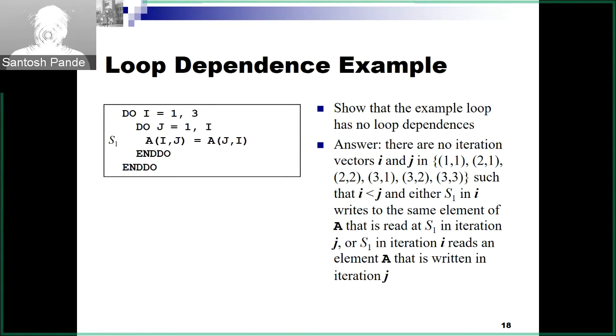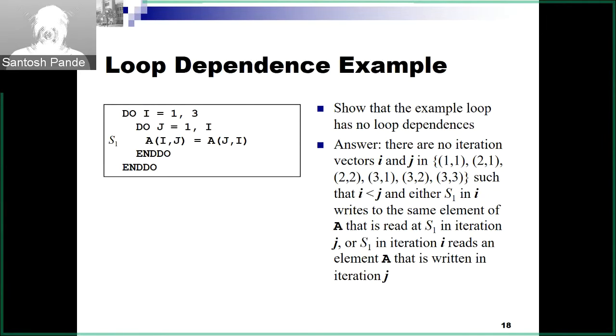But note that what we are really interested in here is not the dependence within the same iteration across two statements. There might be such dependencies, and there are such dependencies many times. But our unit of parallelization here is two different iterations. So we are looking at I and j when I is not equal to j.